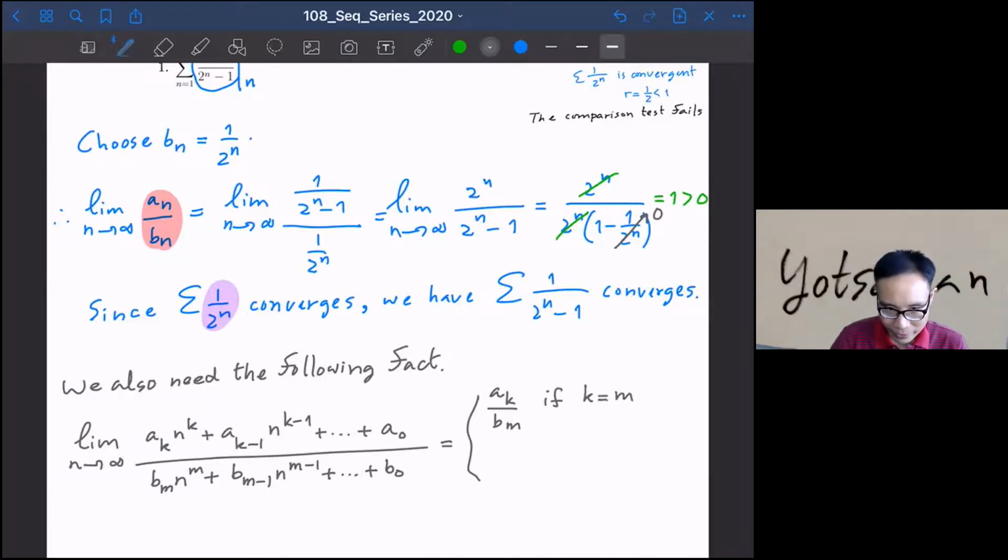So it's going to be this ratio, and this turns out to be not equal to 0 when k equals m.